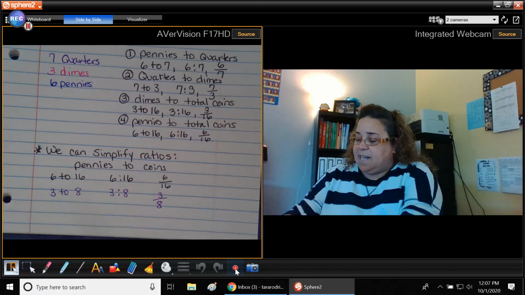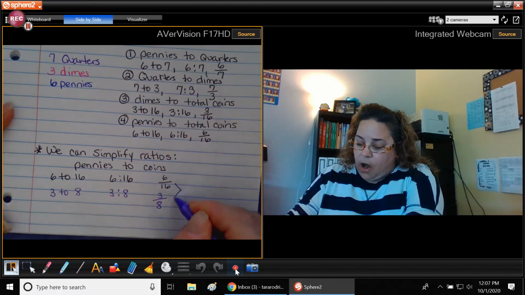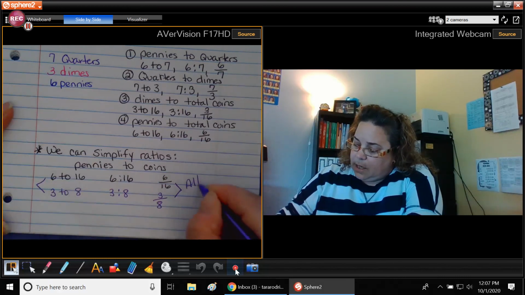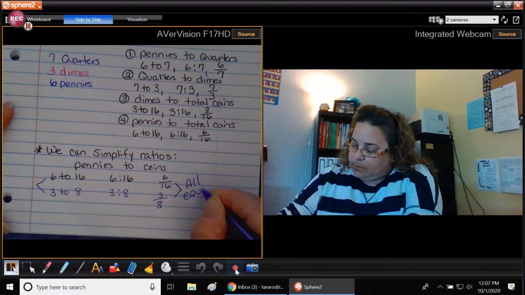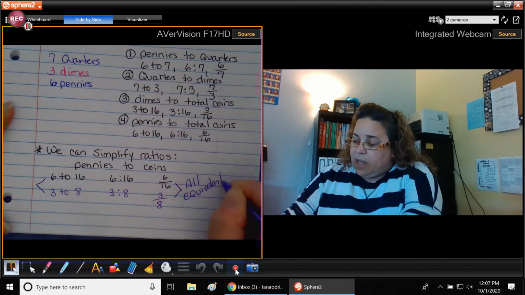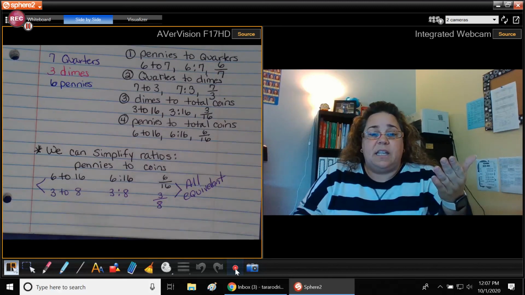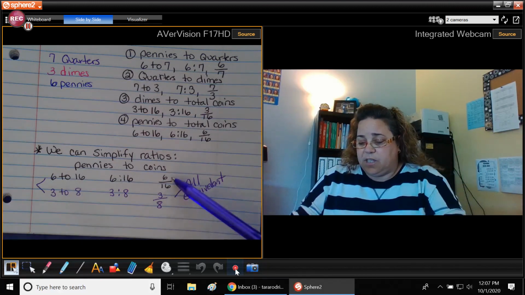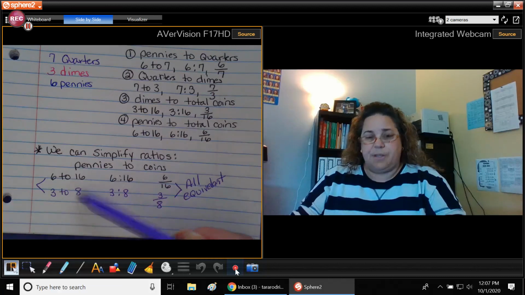All right, and these are all of them, all equivalent. They're all equivalent because this fraction is equivalent to this fraction, correct? So then this is equivalent, this is equivalent.